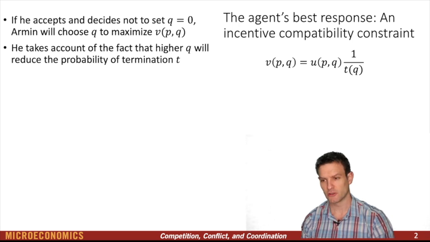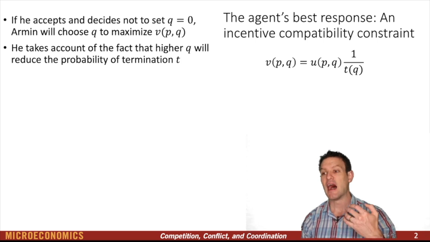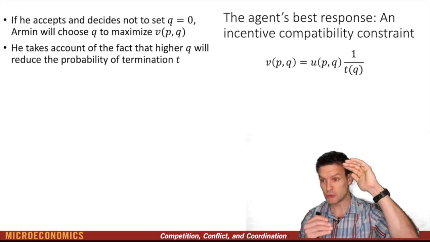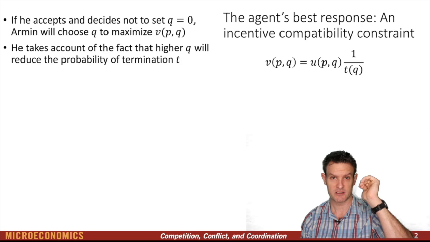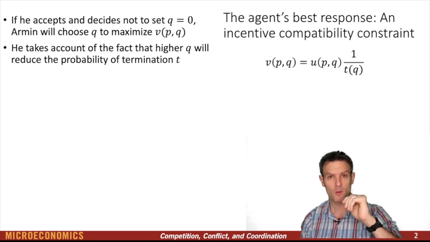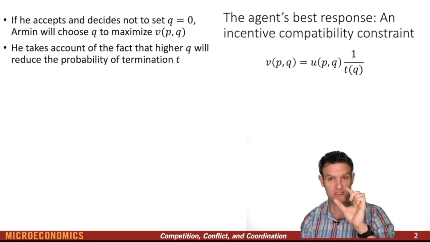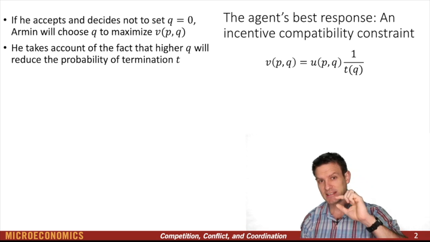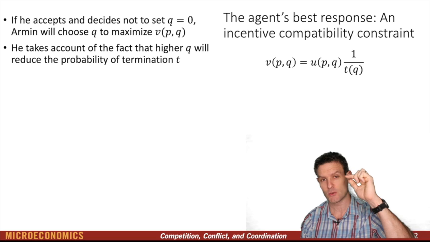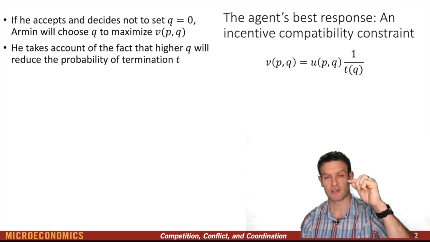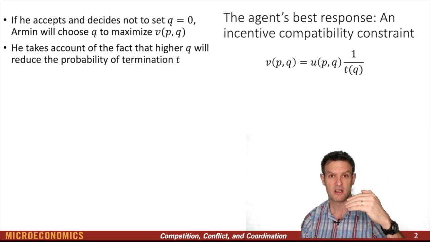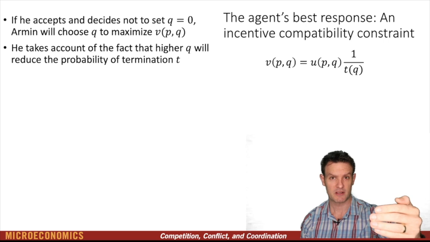Okay, so what is that going to look like? Let's think it through a little bit. So he's going to take account of the fact that higher Q will reduce the probability that he gets terminated when he does this. So remember what we saw previously with the ISO value curves. The ISO value curves were backward bending, and that was because over some region, increasing Q increases the probability of continuing the contract, and as a result, he would get the per period utility for a longer number of periods.